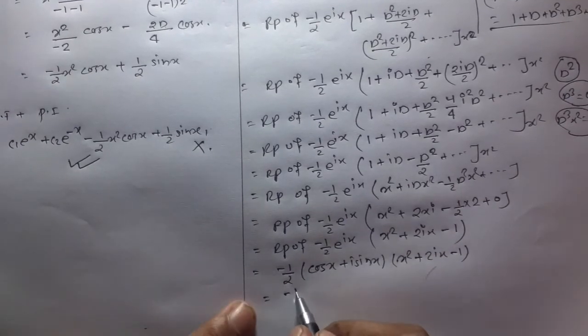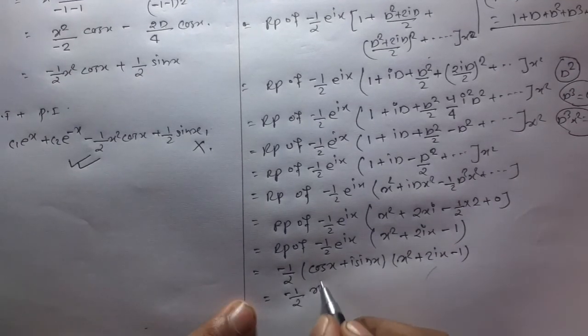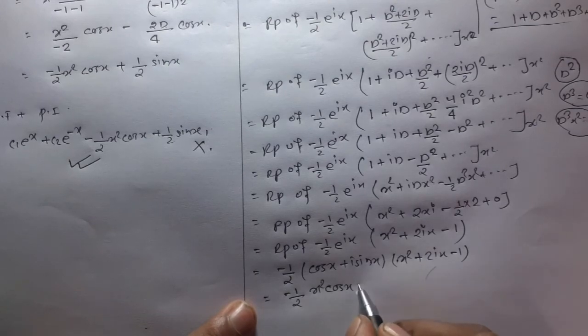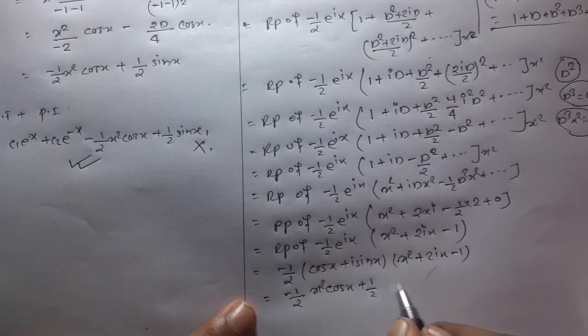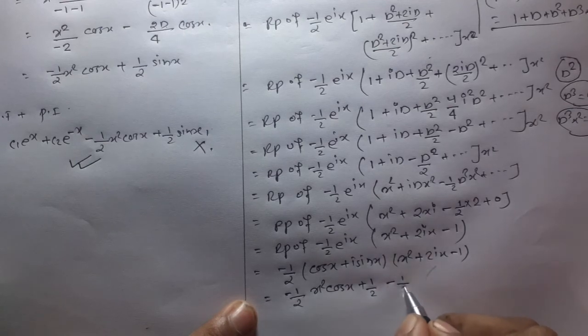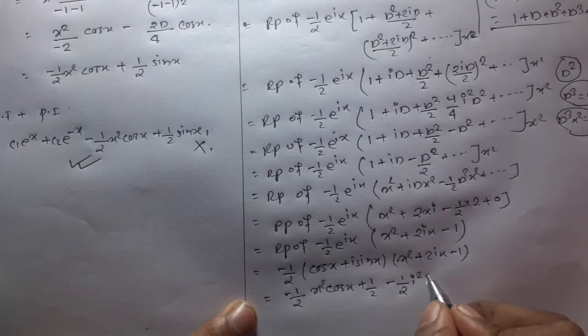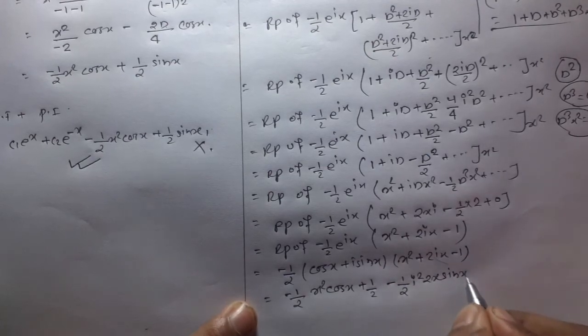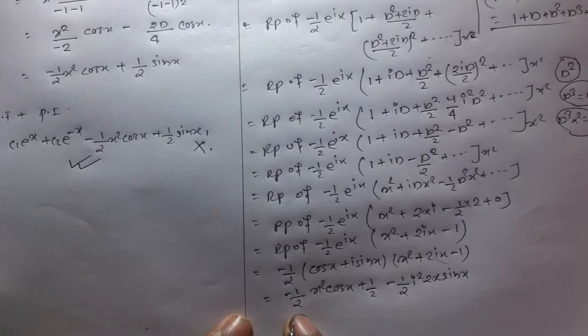So this is −1/2 x² cos x + 1/2, and this is −1/2 i² 2x sin x. This is simply multiplying the real part and the imaginary part by the imaginary part.